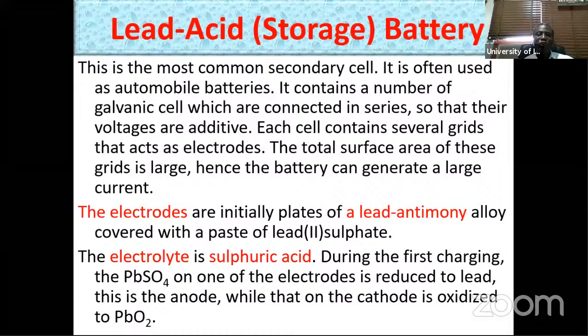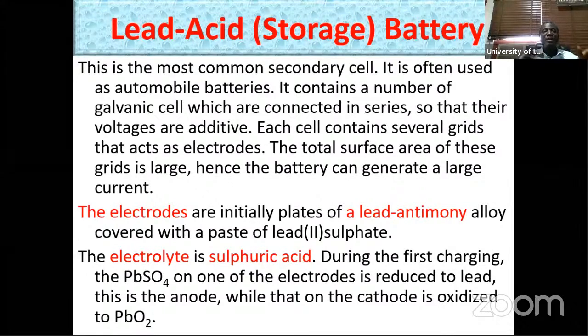So electrodes are normally initially plates of lead antimony, all covered by lead sulfate. And your electrolyte in this case is sulfuric acid. If you check most of your batteries, what you have there will just be dilute sulfuric acid. During the first charging, the lead sulfate on one of the electrodes will be reduced to lead, and that is at the anode, while the other one at the cathode is oxidized to lead(IV) oxide.